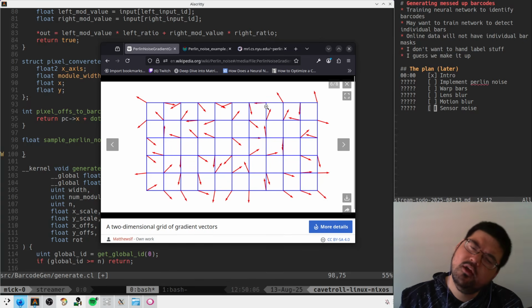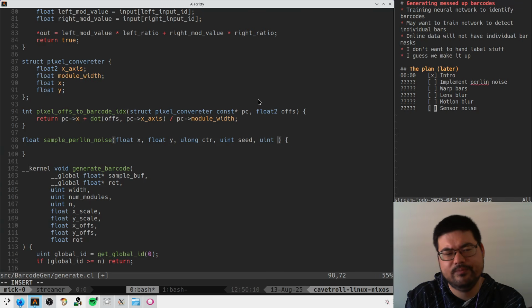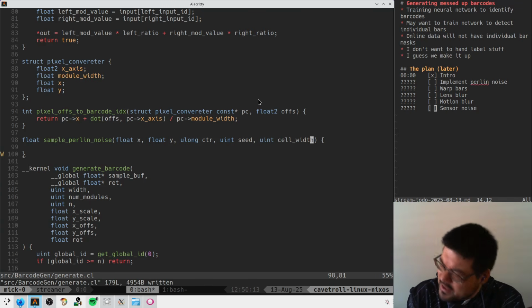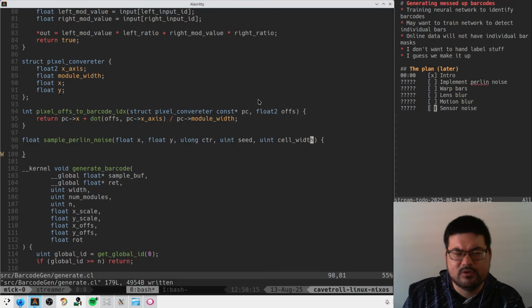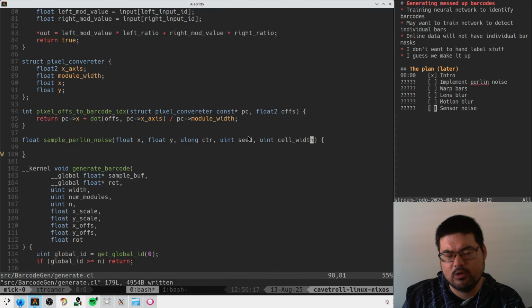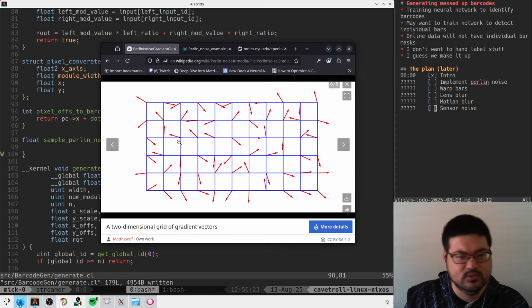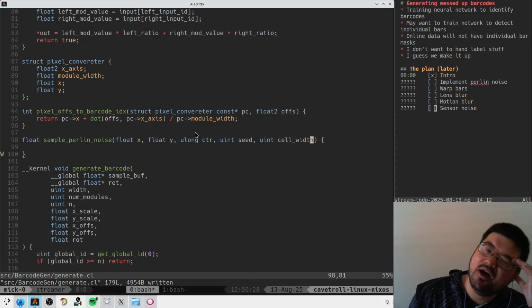Maybe not. So can we just call this a cell width? Maybe, right? And then our X and our Y will determine which PRNG value we are using.